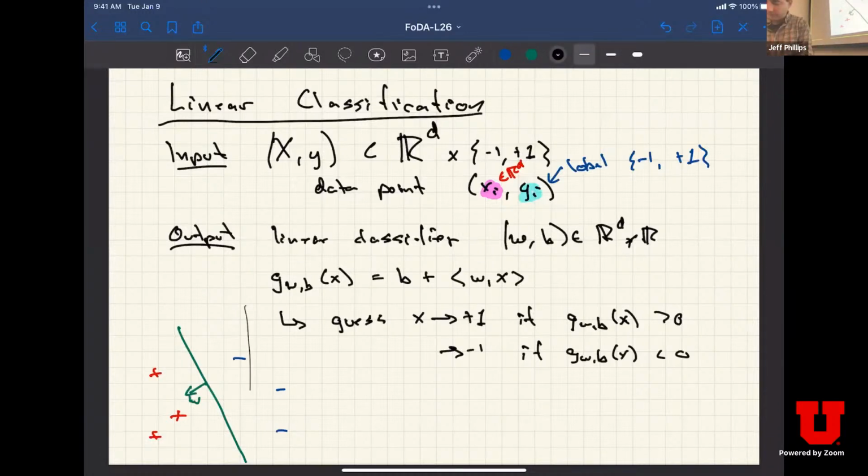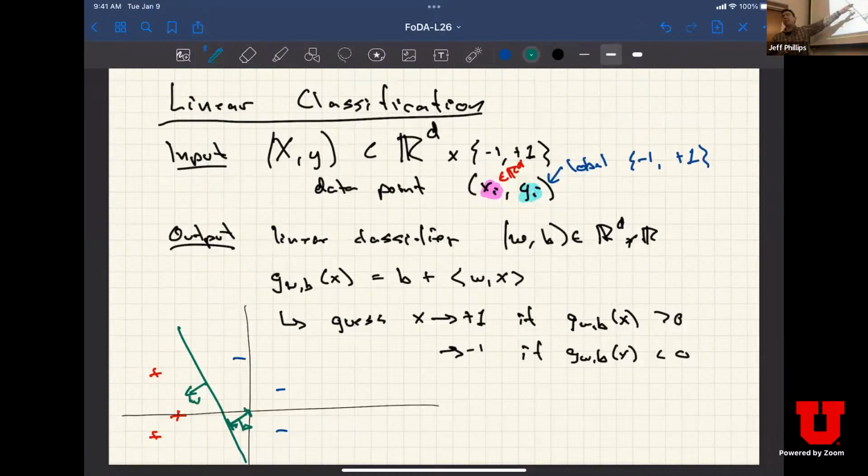So if you have the origin someplace, let's draw it over here, then the distance in the normal direction from the origin is B. Or rather, it might be minus B. So it's negative, so the negative value of B is this length, but it could be positive or negative.